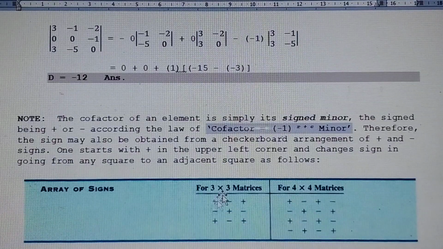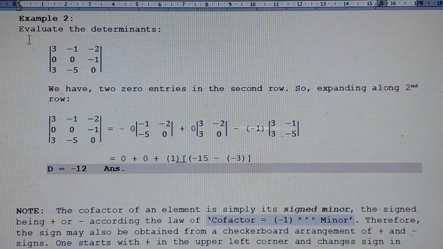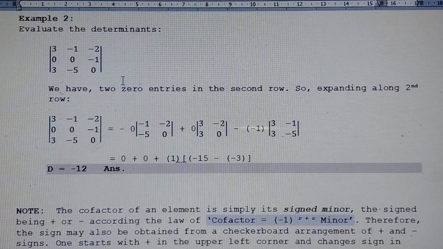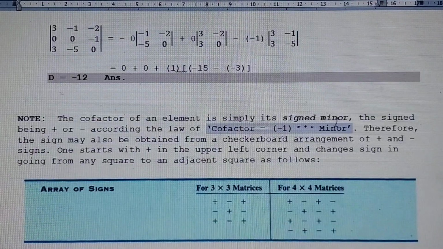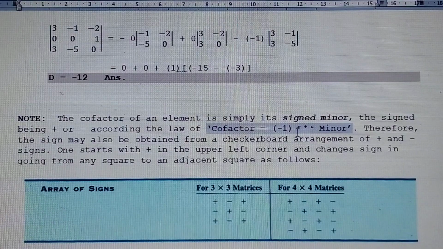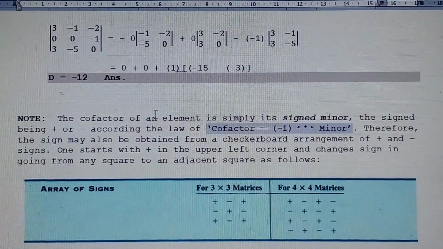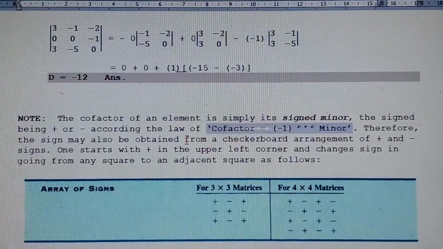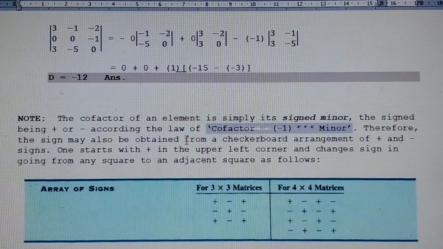So, when do we use this? Why is it that in the earlier one, row 1 started with positive, then negative? Here is the explanation. Instead of always using the cofactor formula, which may confuse you about the location, the cofactor of an element is simply its sign times its minor. The sign, positive or negative, follows the law of cofactor, negative 1 raised to i plus j, multiplied by the minor.